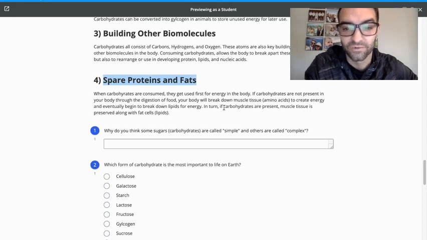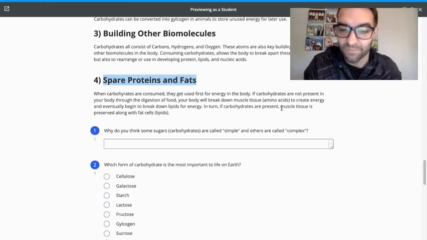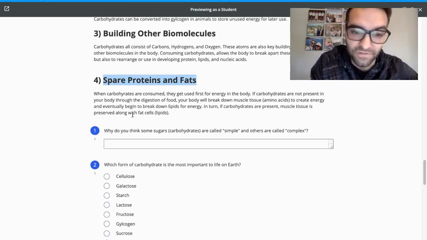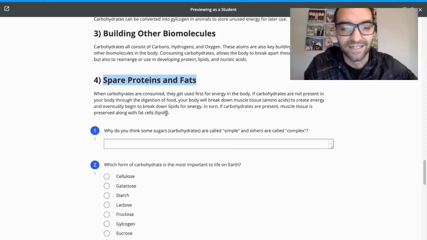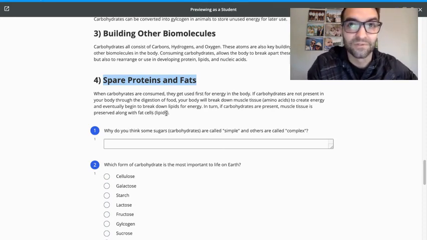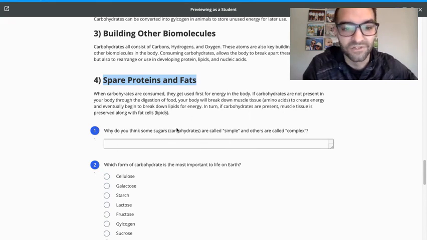That's why it's worded this way. So in turn, if carbohydrates are present, muscle tissue is preserved along with fat cells. And again, that really is a positive thing if we're thinking about life, right? We cannot live without our muscle tissues and fat cells.